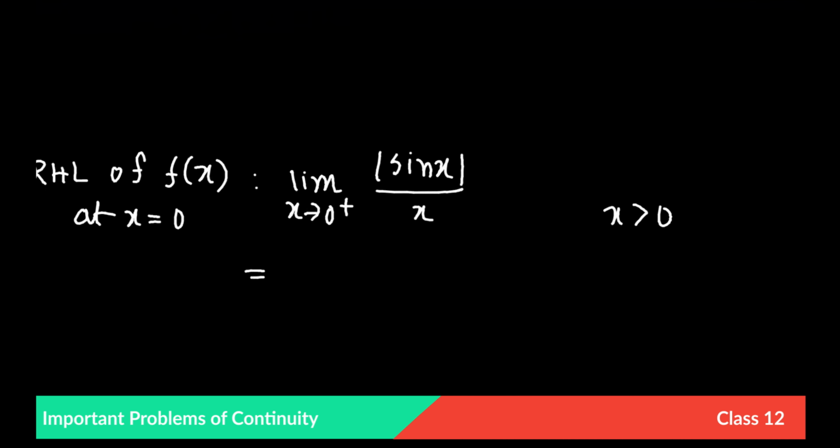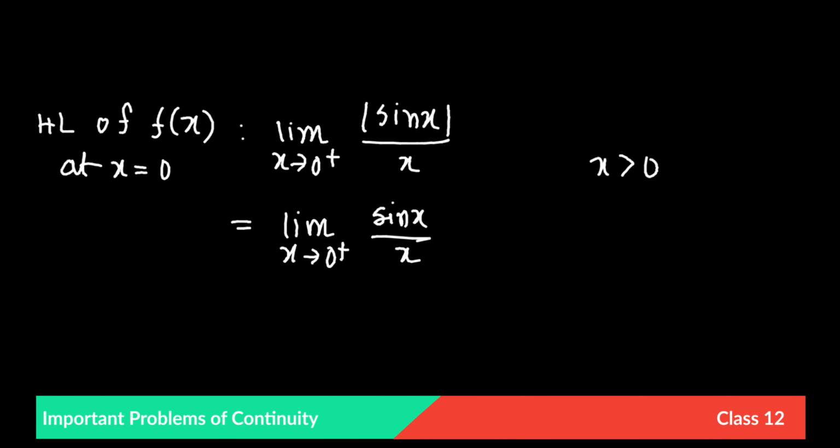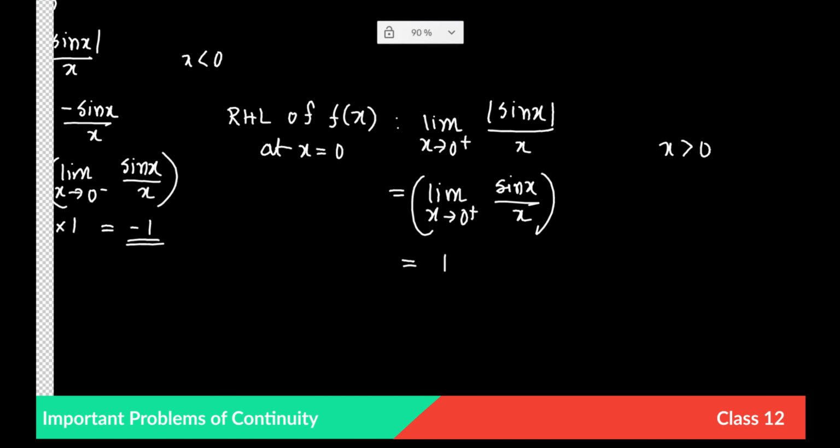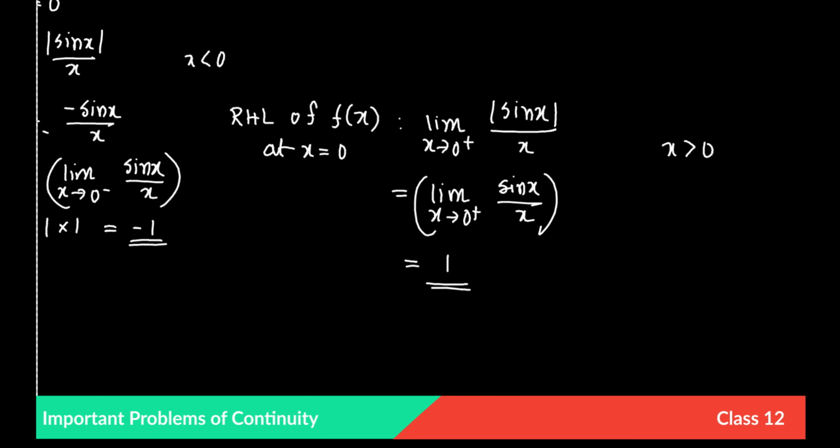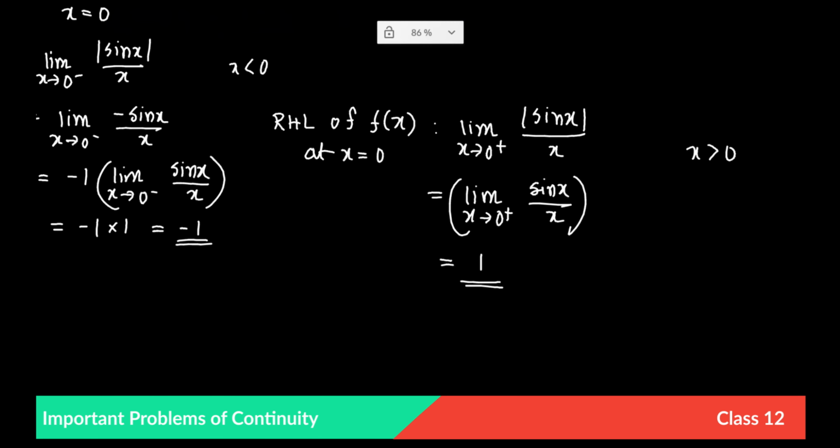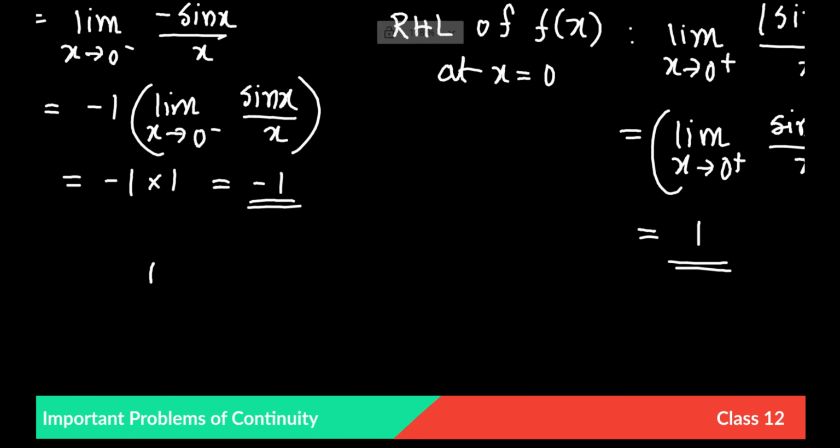So mod sin x will be sin x only, divided by x. This total is 1. So from this we can see that LHL is minus 1 and RHL is 1.